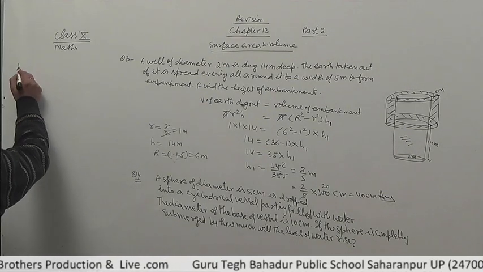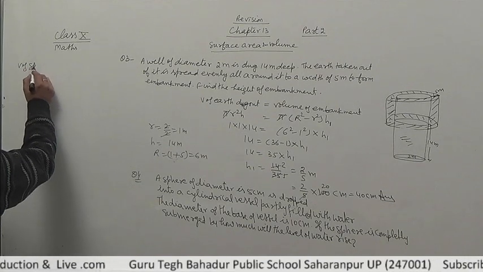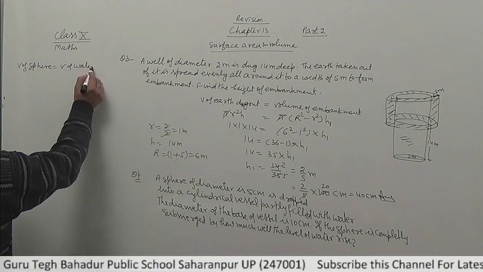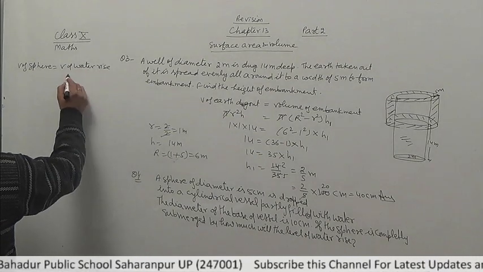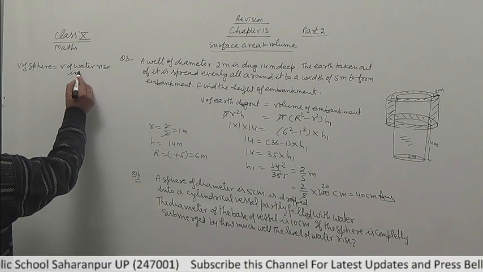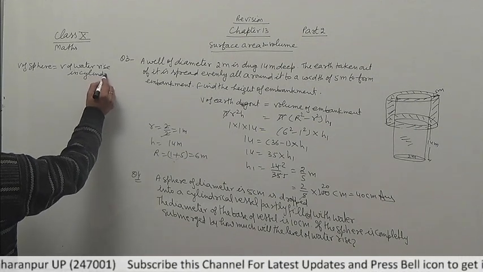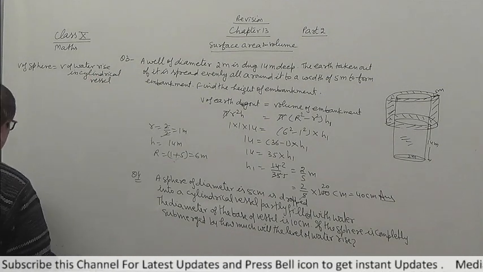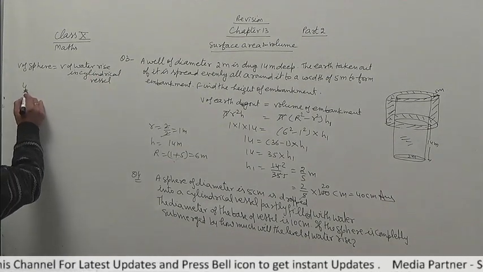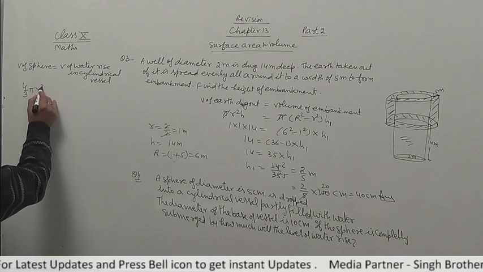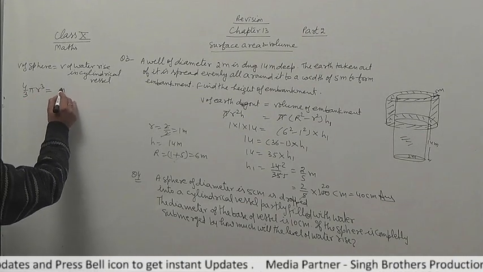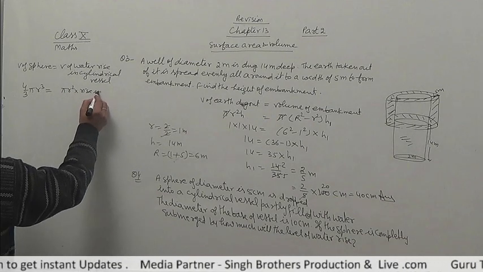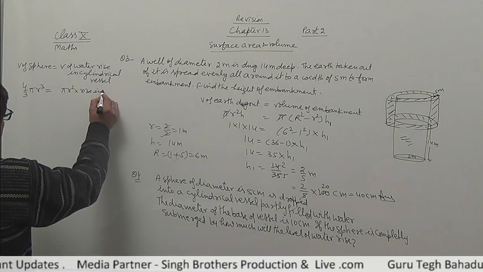So, volume of sphere is equal to volume of water rise in the cylindrical vessel. So 4 upon 3 pi r cube is equal to pi r square into rise in water level.